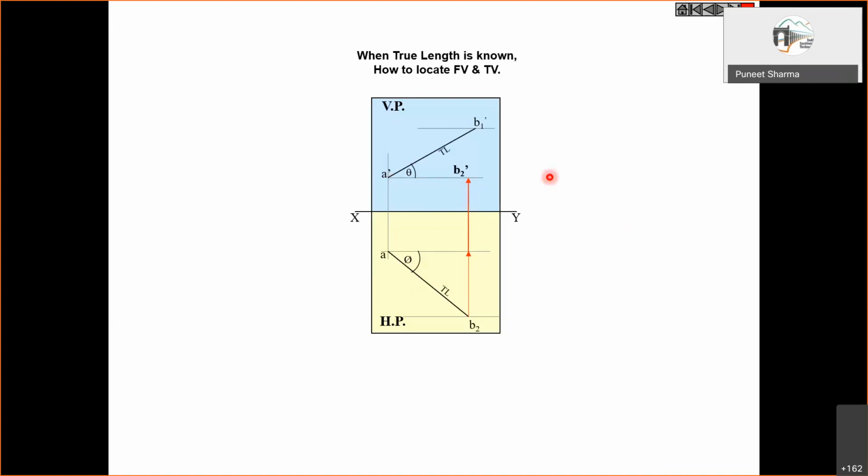We have obtained this diagram and this diagram considering two different cases. One is when the line is parallel to the vertical plane, and this one is when it is parallel to the horizontal plane.